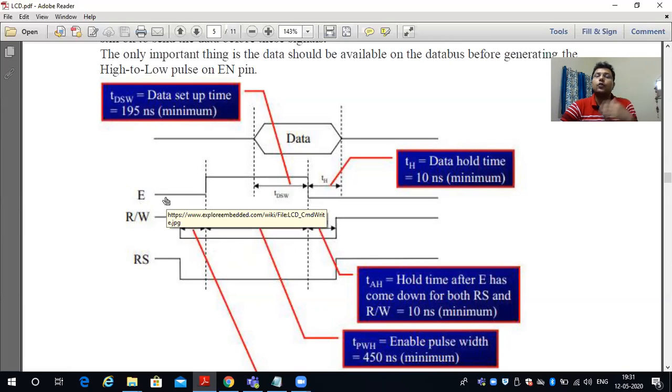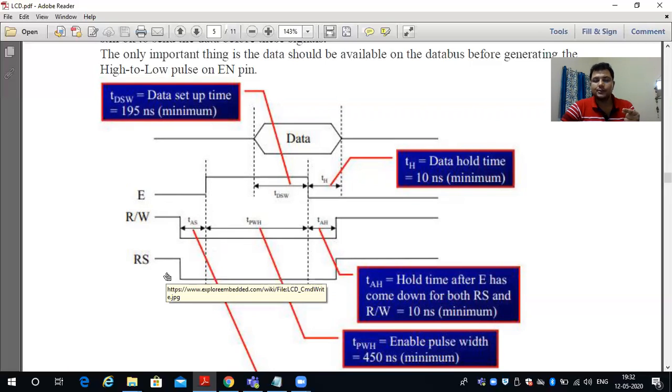Then, as I have already mentioned, after a certain time your enable signal should go on, and when your enable signal is on, there must be data over the data line. Or if it is a command execution, there must be command bits over the data lines, and RS should be 1 at that time. But here, it is the data which we need to display over the LCD. Then RS should be 0, read write should be 0.